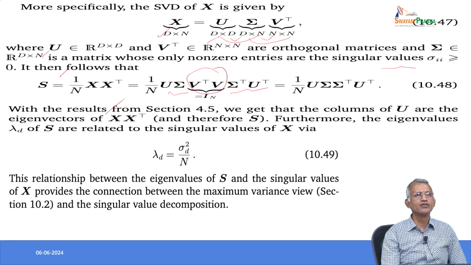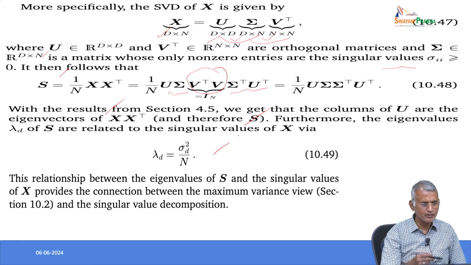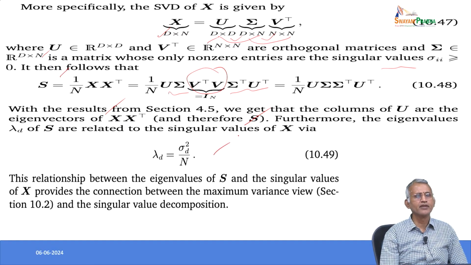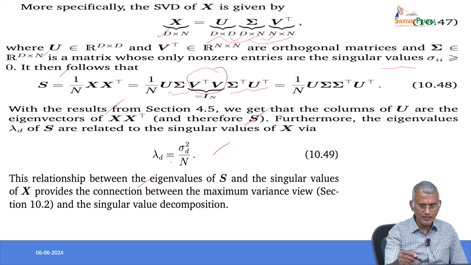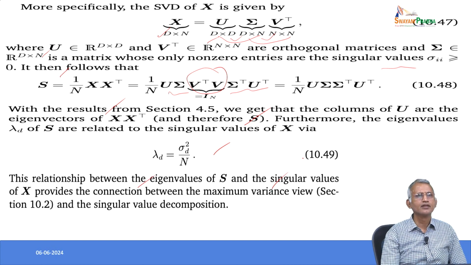Furthermore, the eigenvalues lambda d of S are related to the singular values of X through lambda d equal to sigma d square by n. This relationship between the eigenvalues of S and the singular values of X provides the connection between maximum variance and the singular value decomposition.